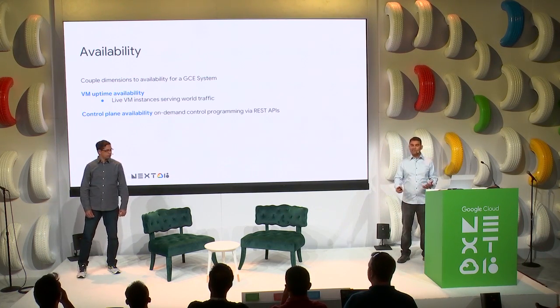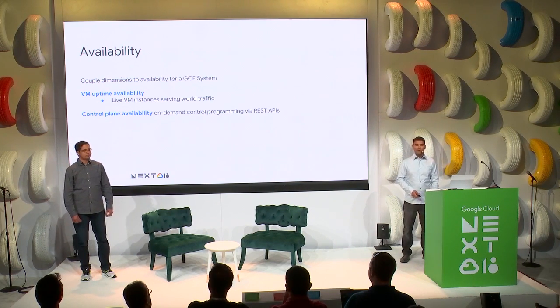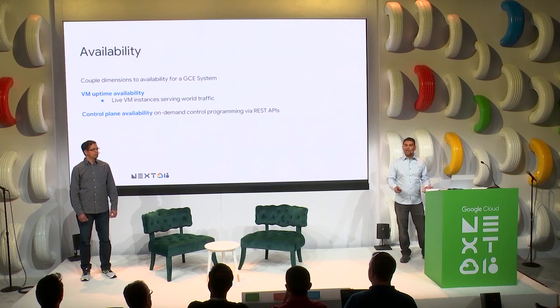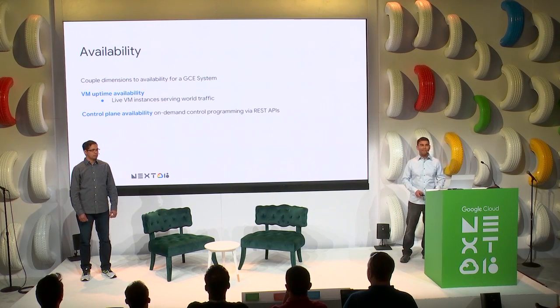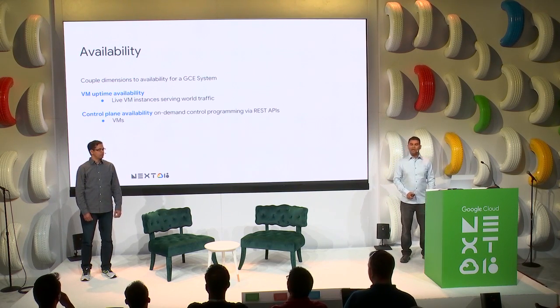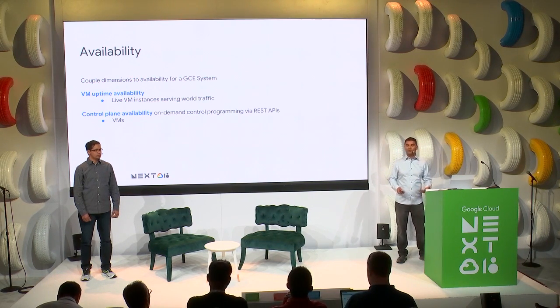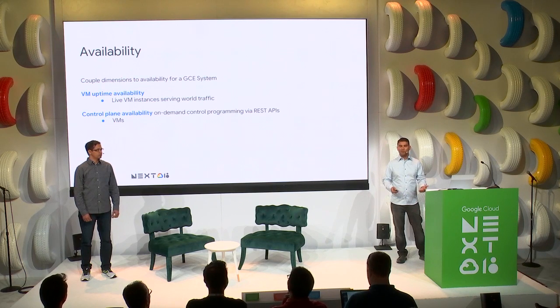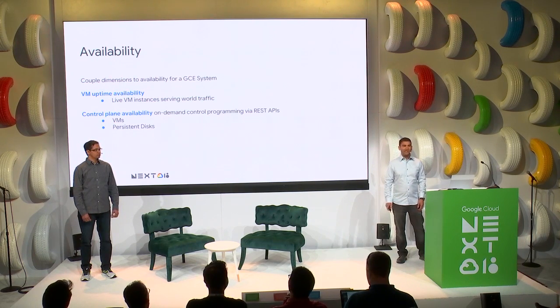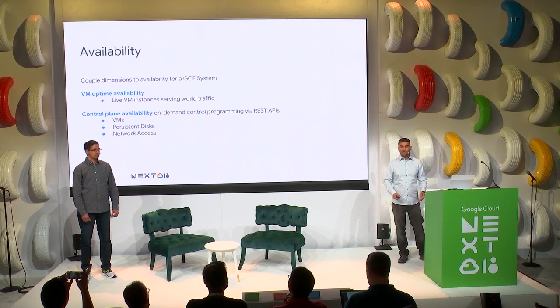To draw a distinction, we have control plane availability, which is basically the on-demand control plane programming that happens via one of our REST APIs. At a very high level, the control plane programming centers around 3 key resources: the virtual machines, the PDs, and any kind of network access you configure.